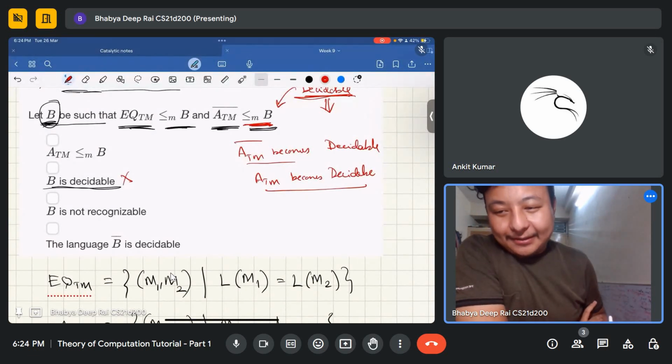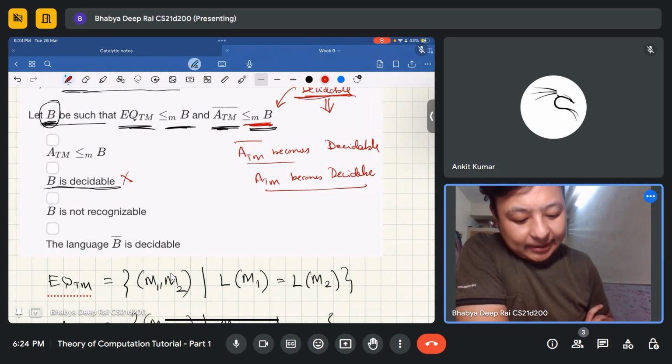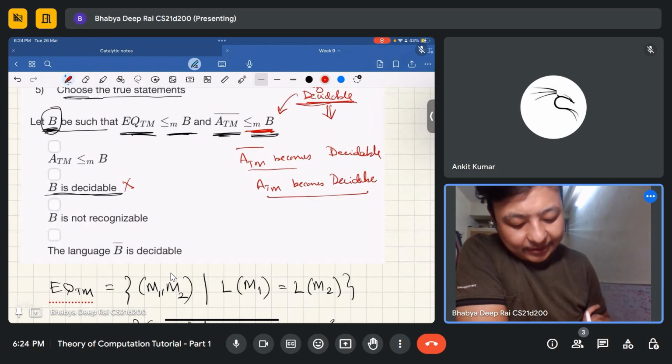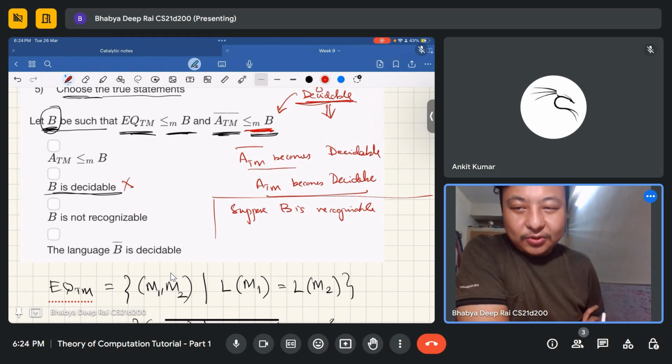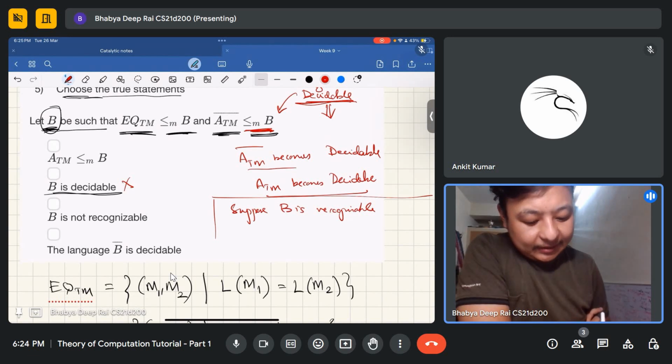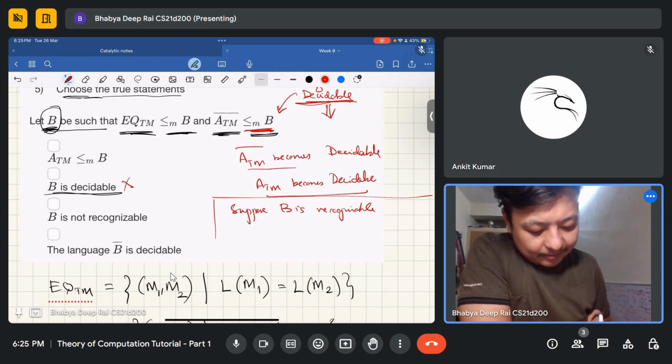Next it says B is not recognizable. Let's see what happens if B is recognizable. Suppose B is recognizable, but A bar TM is not.